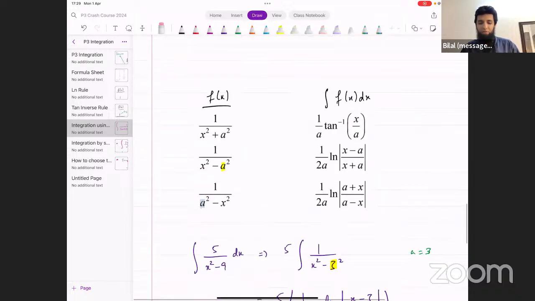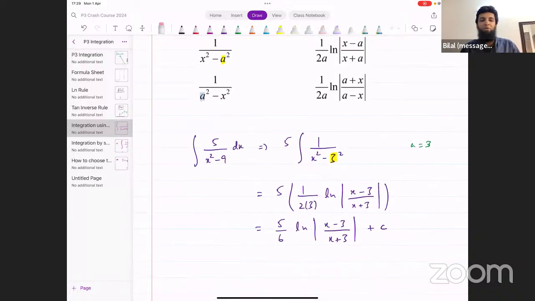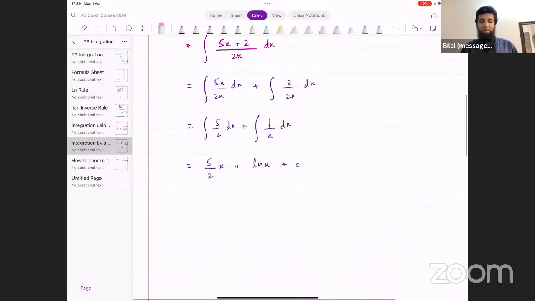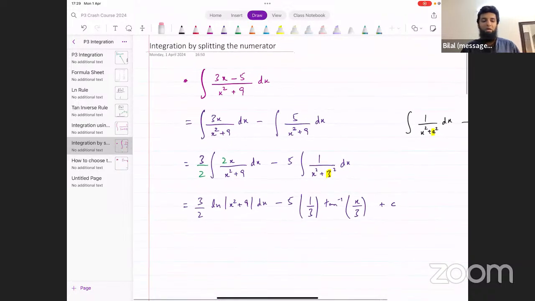Then there are 2 other forms of partial fractions, which we just talked about, which you can write directly from the formula sheet, okay? And then you have integration by splitting the numerator. Sometimes you have to do this. When none of those other rules work, sometimes what helps is breaking the numerator down into 2 parts like this, and then you can integrate those fractions separately.